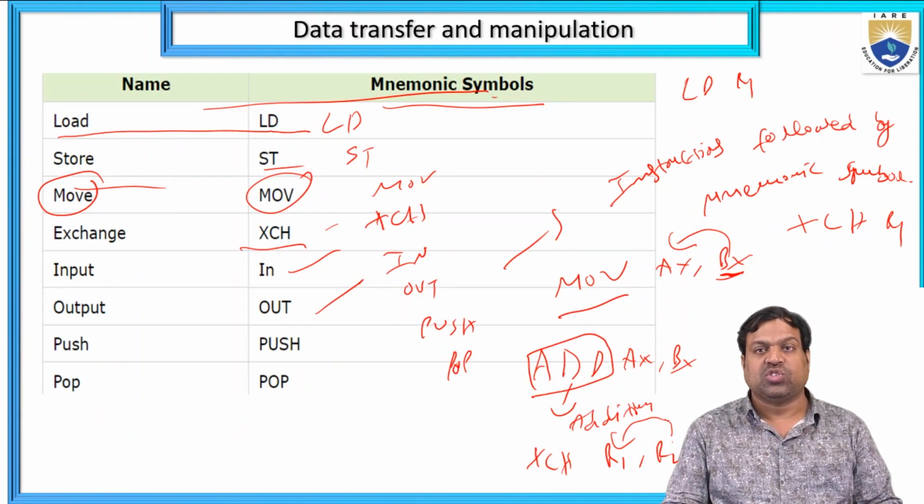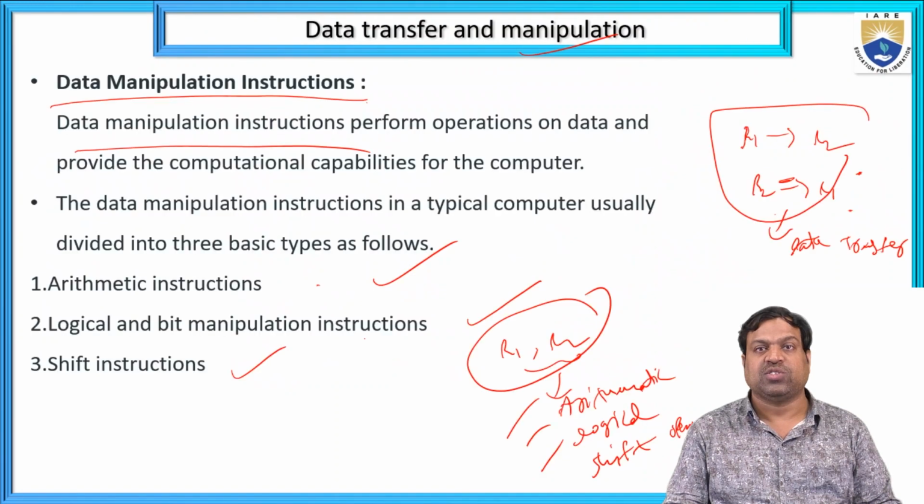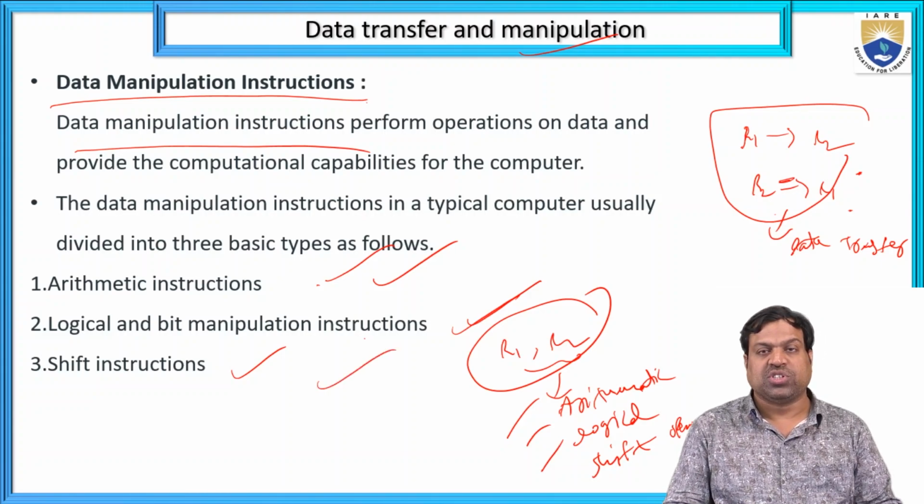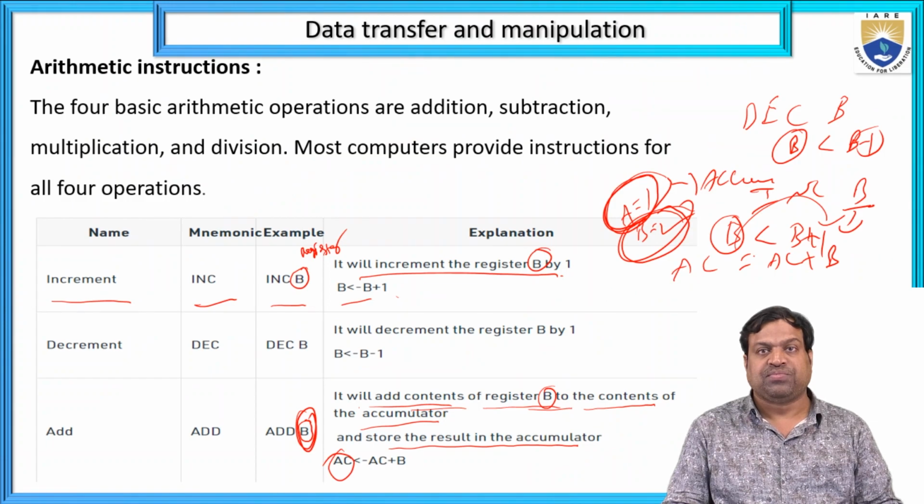Load, LD, store, ST, move, exchange, input, output, push, pop. These are the mnemonic symbols of the data transfer. And data manipulations means arithmetic instructions, logical instructions, and shift instructions.